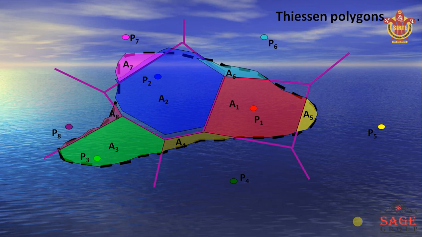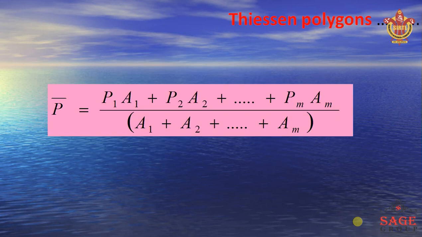The Thiessen polygon says that the mean rainfall is P1 into A1 plus P2 into A2 plus P3 into A3 up to Pn into An, divided by the total area. P1 into A1 is precipitation of station 1 into area enclosed for station 1, plus precipitation of station 2 into area enclosed for station 2, and so on, divided by the total area. This is the most common method, generally used for getting accuracy in the mean precipitation value.